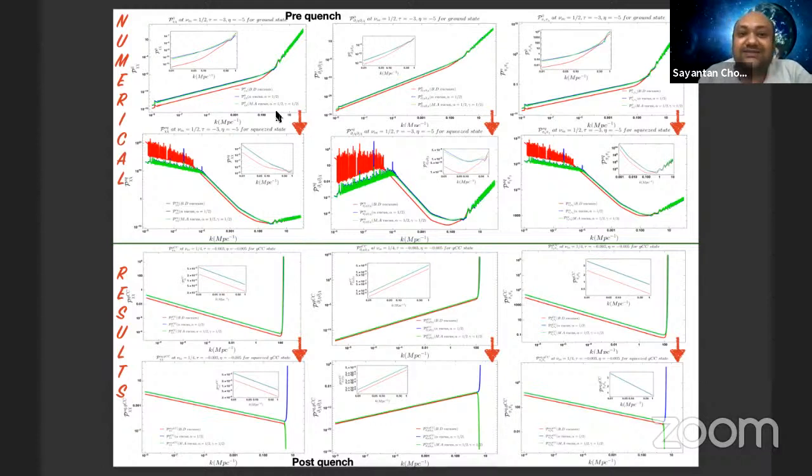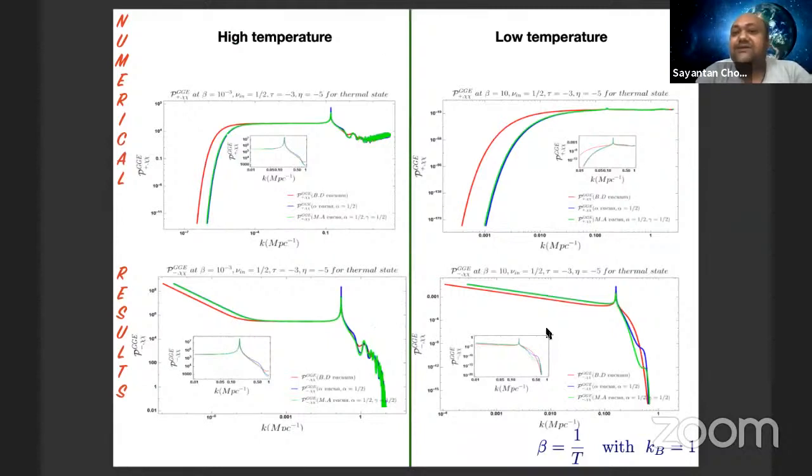And this is one of the verifications that whatever we are doing is in the correct direction. We don't have till now information regarding this kind of correlators from observation, but these are from theoretical intuitions from the model. And for high temperature and low temperature, you can do similar things for the thermal states.